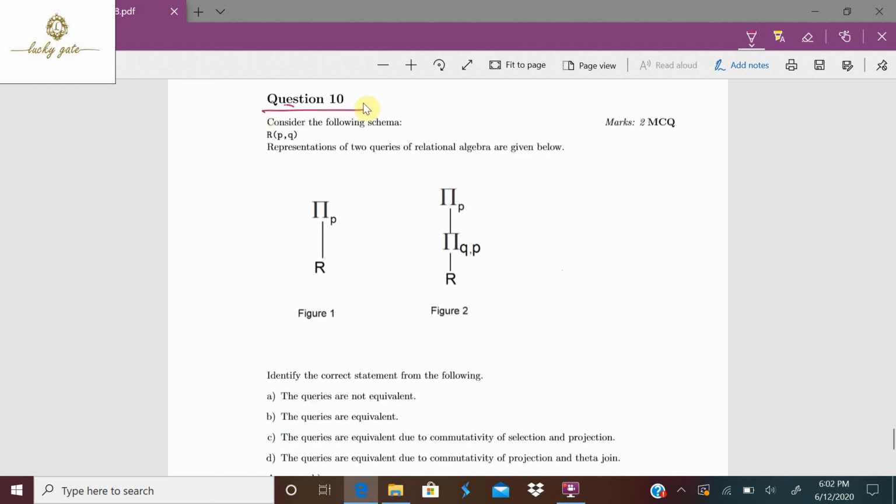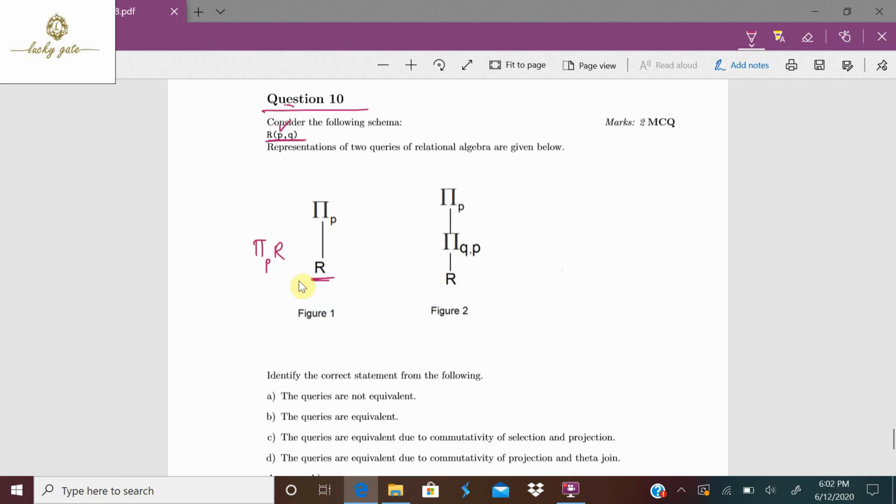Here the question number 10. Consider the following schema, R of P comma Q. Representations of two relational algebra expressions are given. Now what does this algebra expression show? From relation R, which has P and Q, it is selecting only the P attribute.